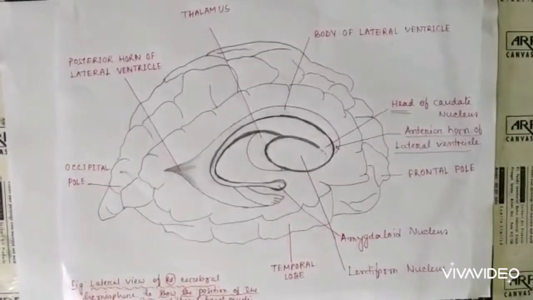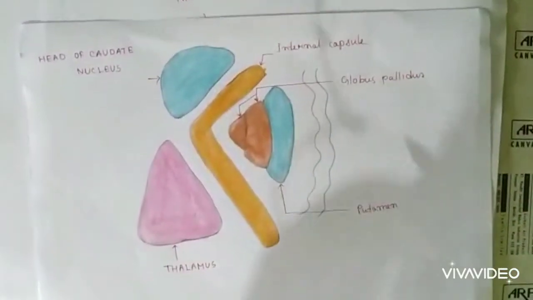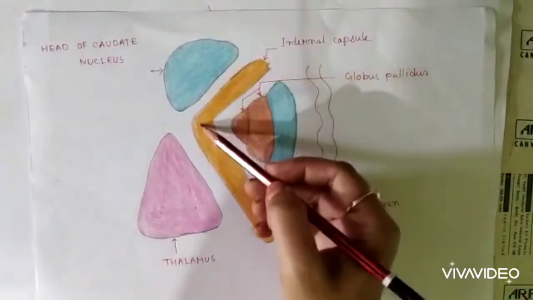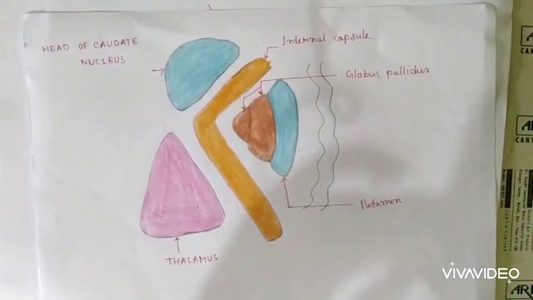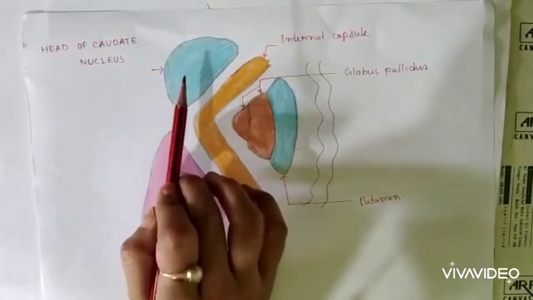Here, this orange part is the internal capsule, and this portion is the head of the caudate nucleus.